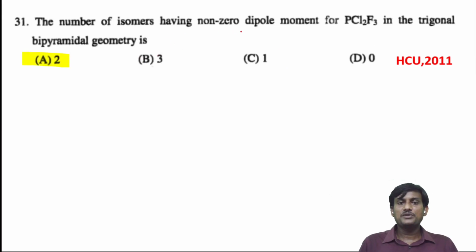The number of isomers having non-zero dipole moment for PCl2F3 in the trigonal bipyramidal geometry: we have three isomers.